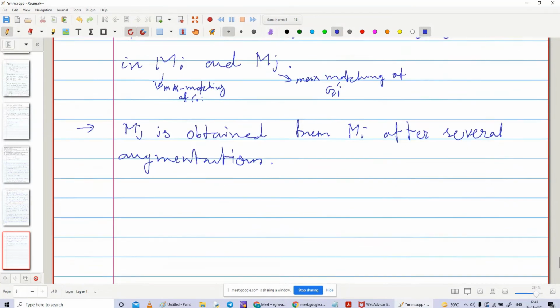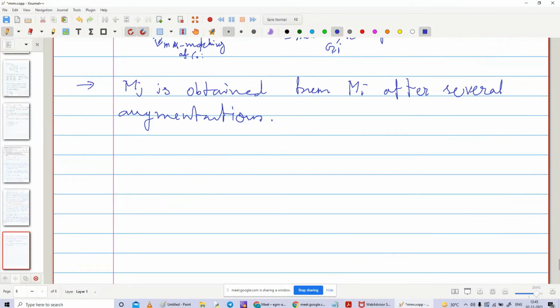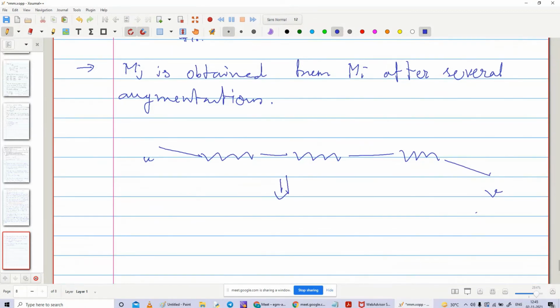So one thing you can notice about augmentation is, suppose this is a matching. Here we can see that u and v are the free vertices and the rest of the vertices are matched vertices. And if you augment this particular augmenting path, then every vertex gets matched.